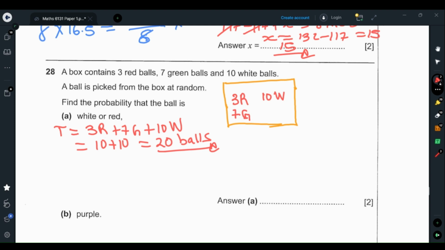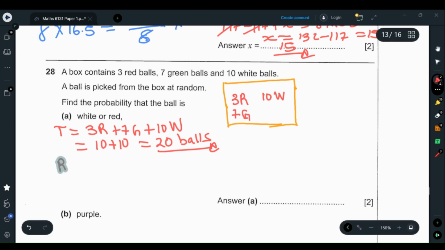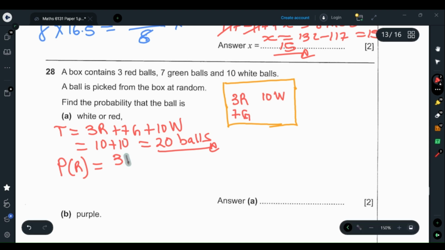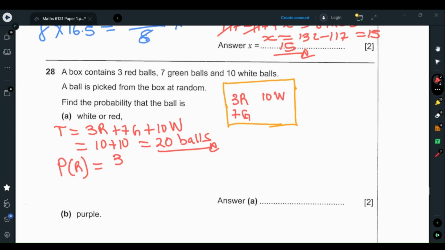The probability of picking red or white would be, we have probability of picking red balls is equal to 3 red balls, because since there are 3 red balls, probability of picking just a red ball is 3 over 20, over the total number of balls. The probability of picking just white balls is 10 over 20.